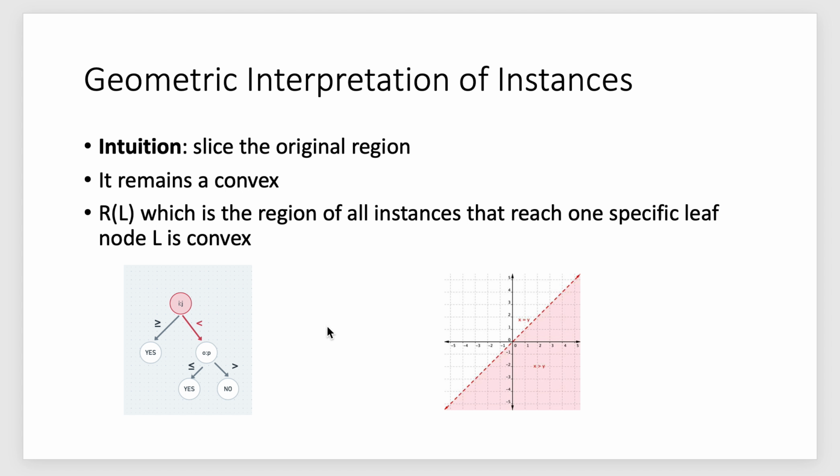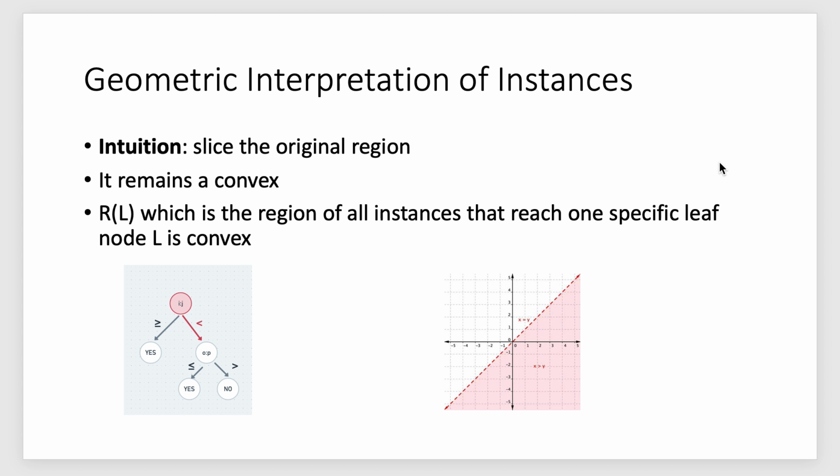And if I do this successively until I reach a leaf node, it will still be convex. Why is it convex? The space is convex. If you split this space, it is still convex. So this is the intuition, the geometric interpretation of decision trees.